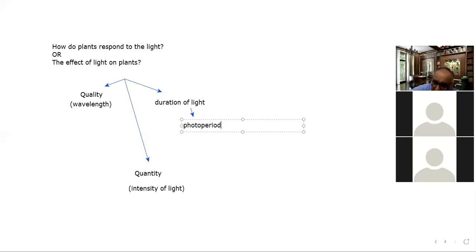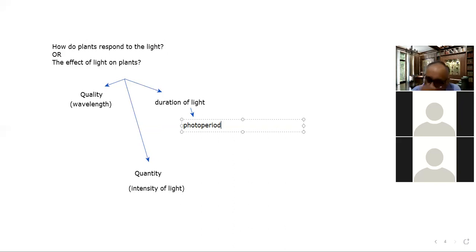That visible spectrum of light is known as the PAR, photosynthetically active region of the electromagnetic spectrum. Photosynthetically active radiation is that part of the spectrum where the wavelength varies between 400 and 700 nanometers.